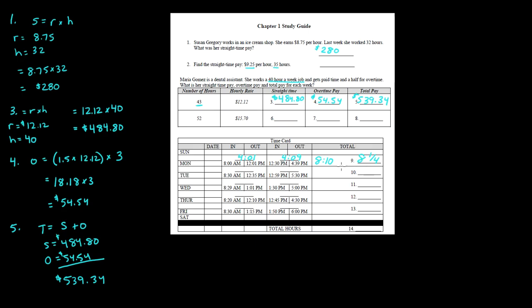Either one is fine. So then if we look here at the next day, 8:30 to 12:35, well, that would be 4 hours, 5 minutes. And then from 12:59 to 5:30 would be 4 hours and 31 minutes.